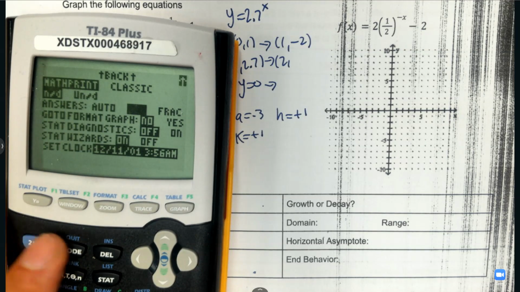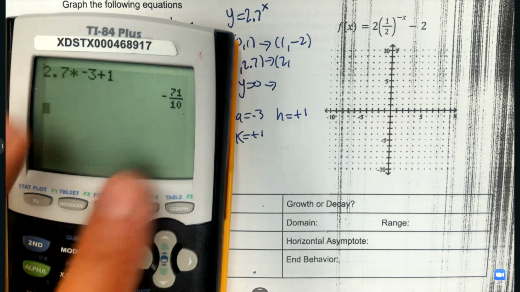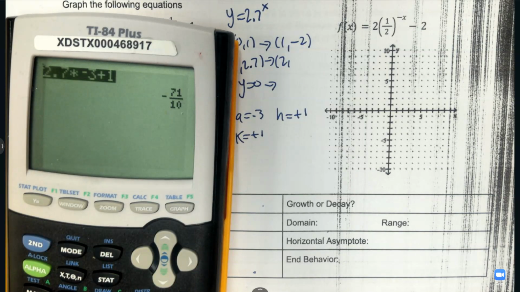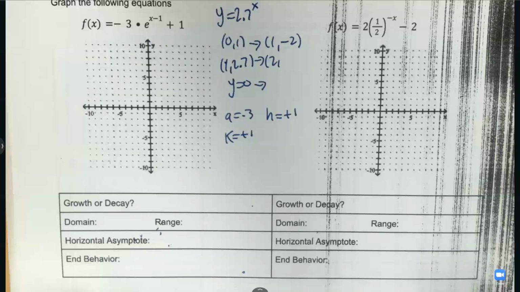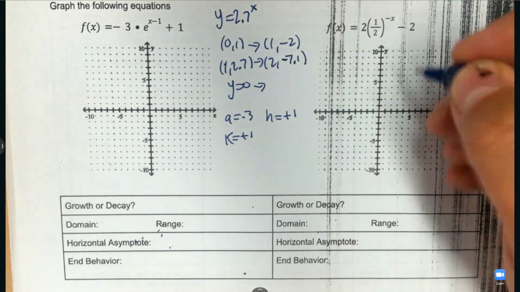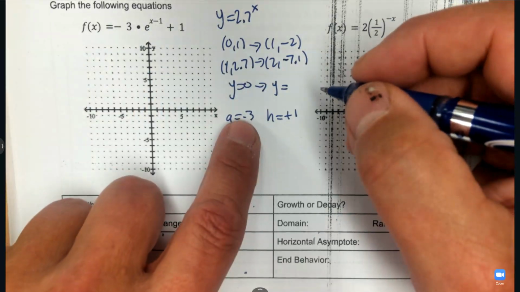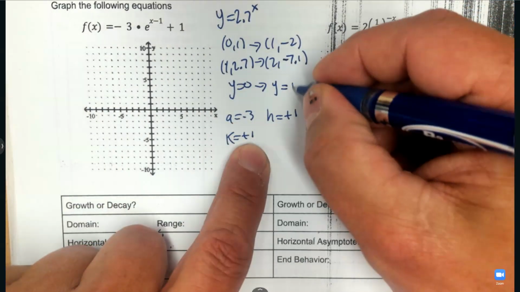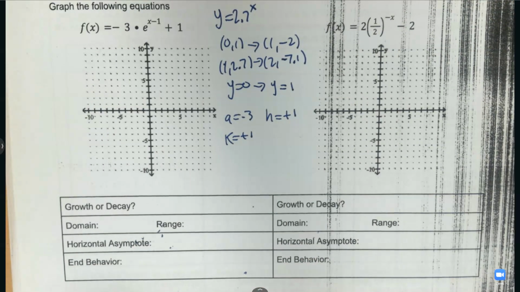So press enter. Then the blue button, see where it says quit there in blue and goes back. Highlight over it again, press enter twice, and that's negative 7.1. So pretty well negative 7. And then for the asymptote, 0 times negative 3 is 0, plus 1 is at 1. So remember, the k value is always where the asymptote is.